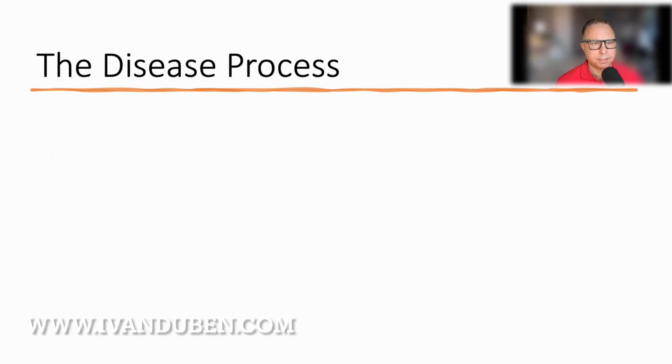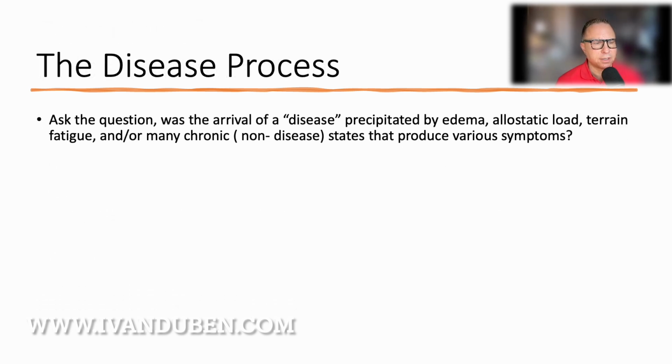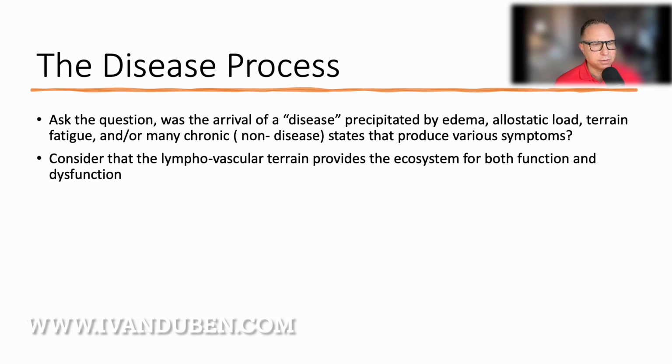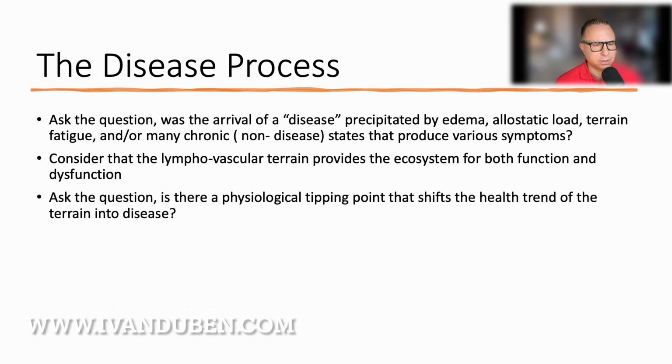My perspective on the disease process: it's important to ask the question, was the arrival of a disease precipitated by edema, allostatic load, terrain fatigue, and/or many chronic non-disease states that produce various symptoms prior to turning into a disease? Consider that the lymphovascular terrain provides the ecosystem for both function and dysfunction.